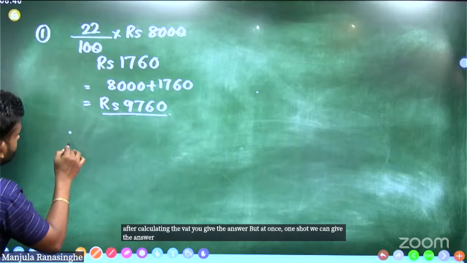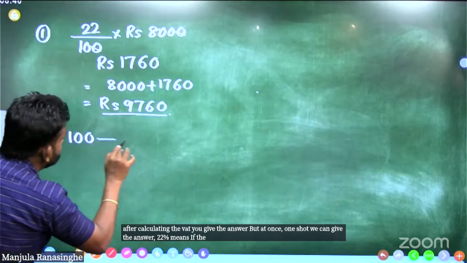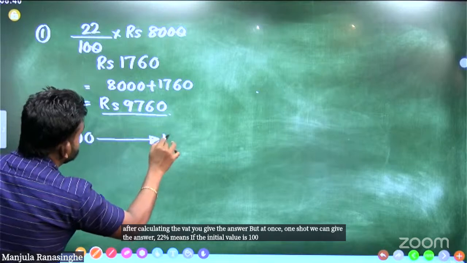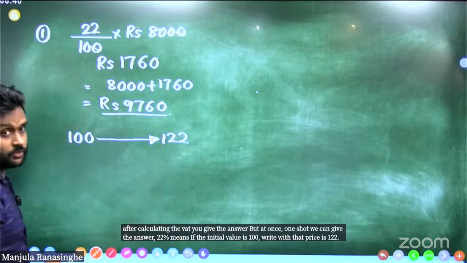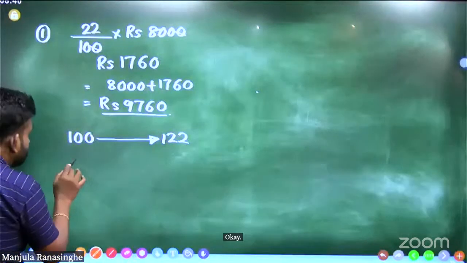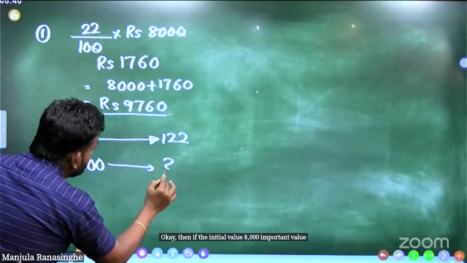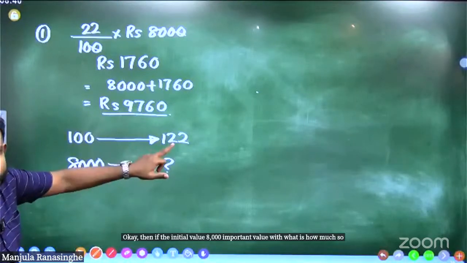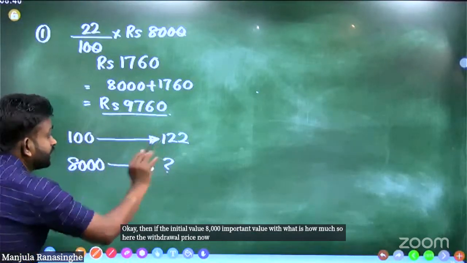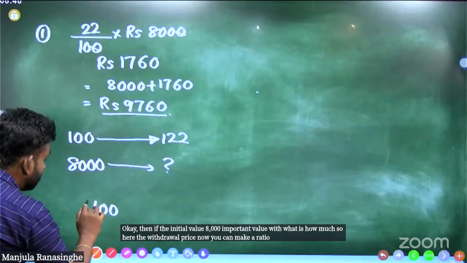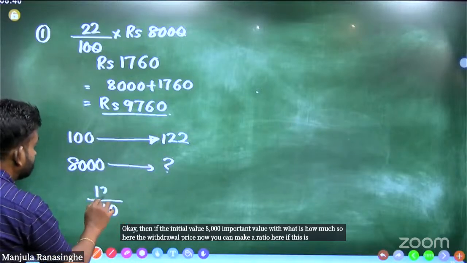22% means if the initial value is 100, the price with VAT is 122. Then if the initial value is 8,000, what is the importing value with VAT? Now you can make a ratio here. If this is 100, the value with VAT is 122.